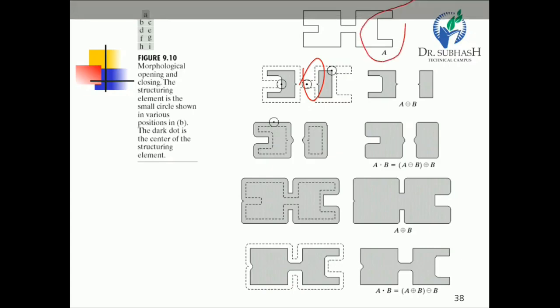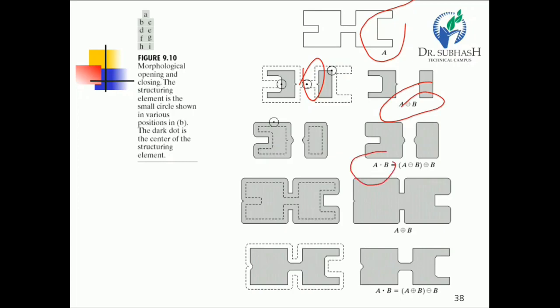This is figure A, and we find A eroded by B. In this figure we find A closing B, which is equivalent to A erosion B followed by dilation with B. Similarly, A dilation B, then erosion, gives the closing with B.